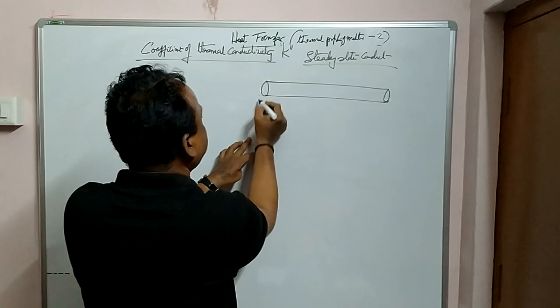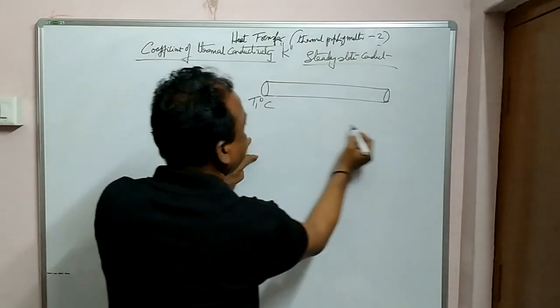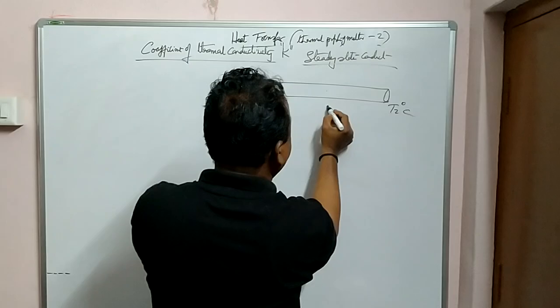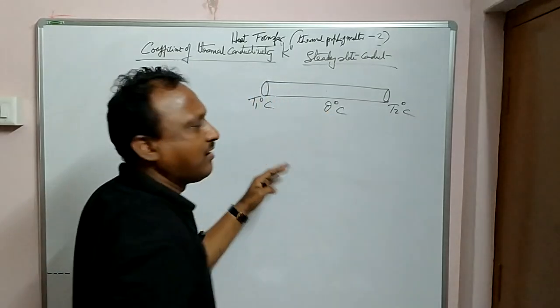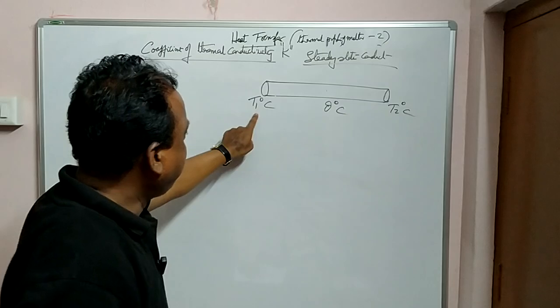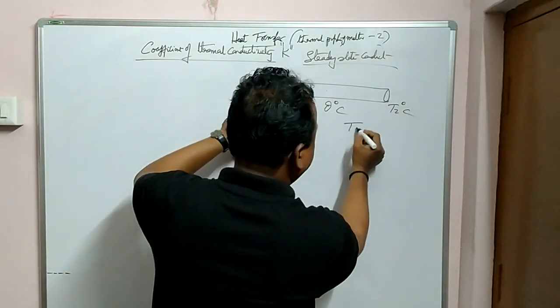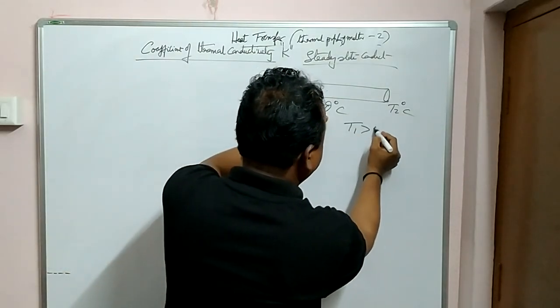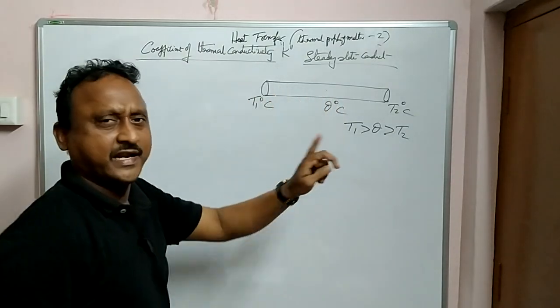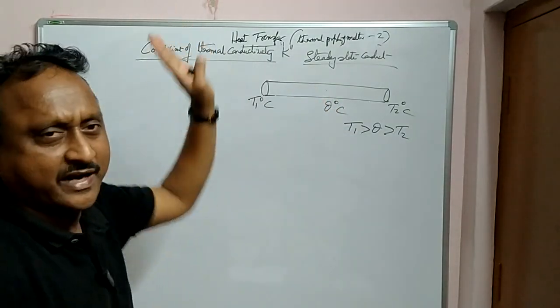For example, here T1 degree centigrade, here T2 degree centigrade, and at the junction let it be some theta degree centigrade, or T3, any temperature you can take. Now it is steady state, that means T1 is greater than theta, greater than T2. After attaining steady state only, you have to consider the thermal conductivity.